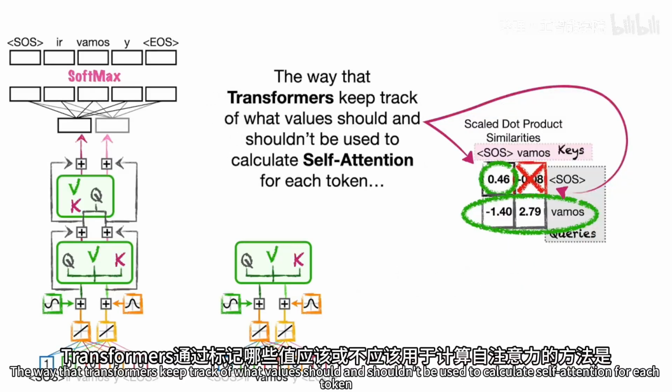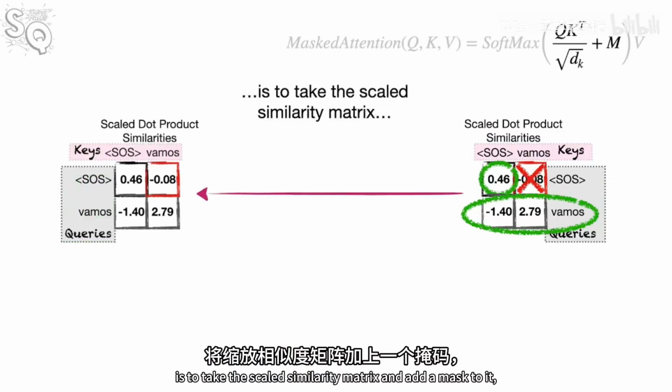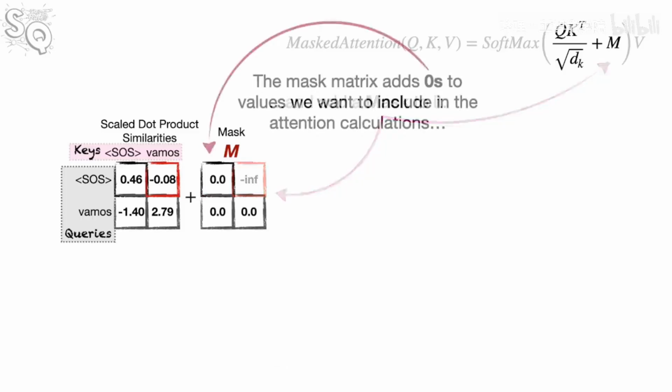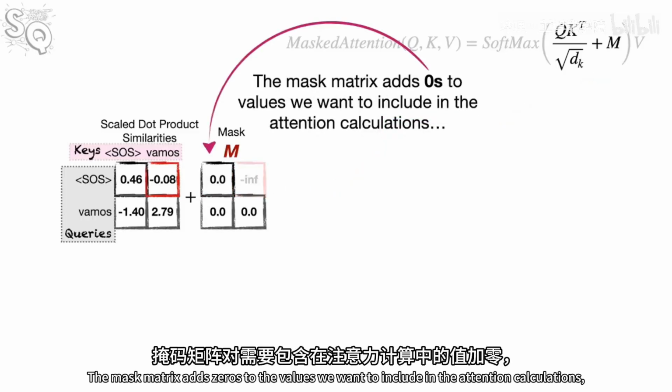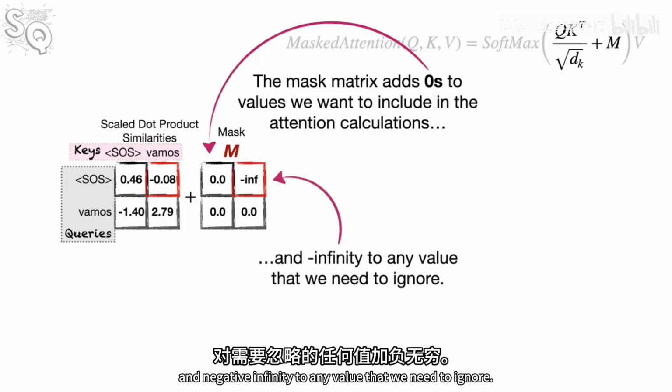The way that transformers keep track of what values should and shouldn't be used to calculate self-attention for each token is to take the scaled similarity matrix and add a mask to it. The mask matrix adds zeros to the values we want to include in the attention calculations, and negative infinity to any value that we need to ignore.